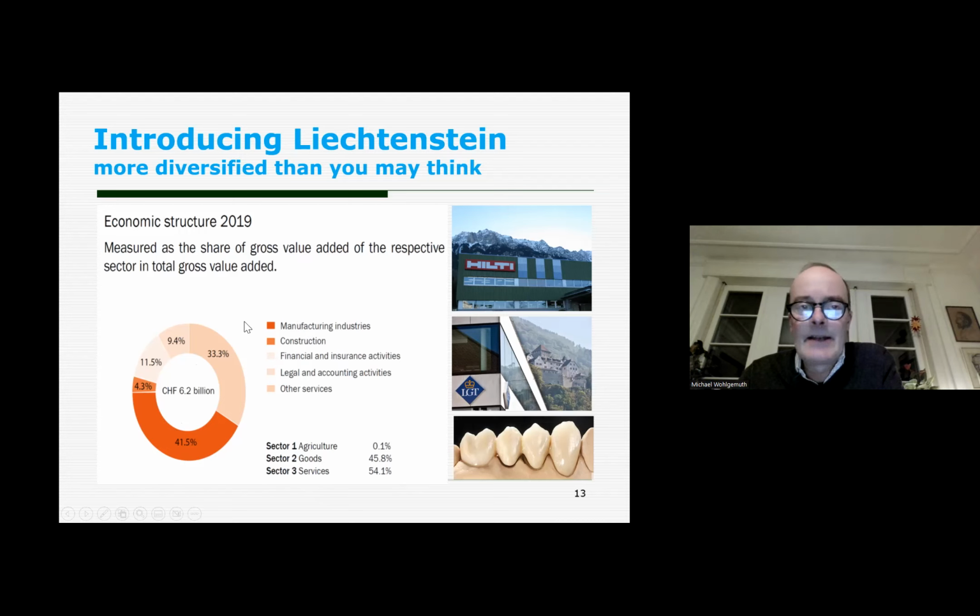So it is much more diversified than you think. If you know someone with false teeth, the likelihood that these are produced in Liechtenstein is very high. I think the large majority of false teeth are actually produced in Liechtenstein itself.